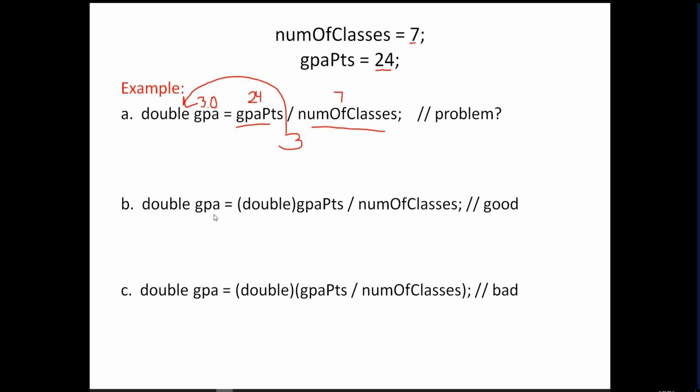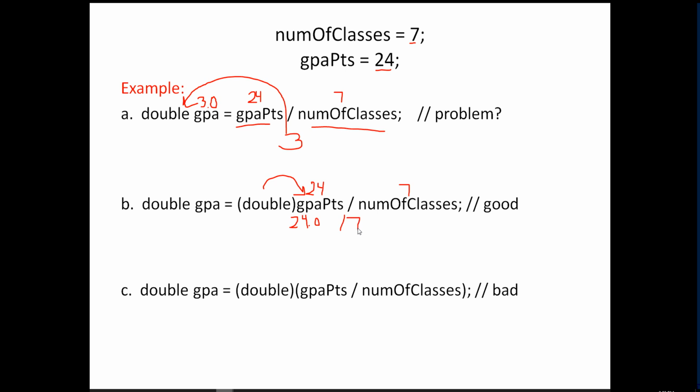This is another way we could do it. Okay, so we have GPA points is 24. Num of classes is 7. And so the first thing that's going to happen is the double acts on the GPA points to cast its spell on that one. And so this actually becomes 24.0 divided by 7.